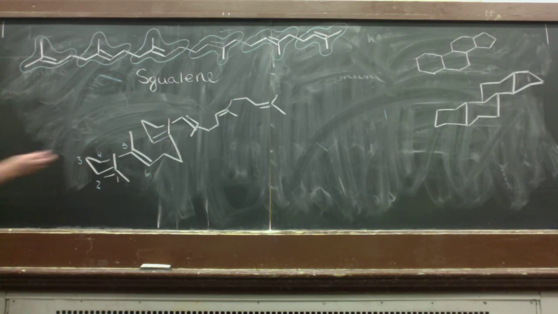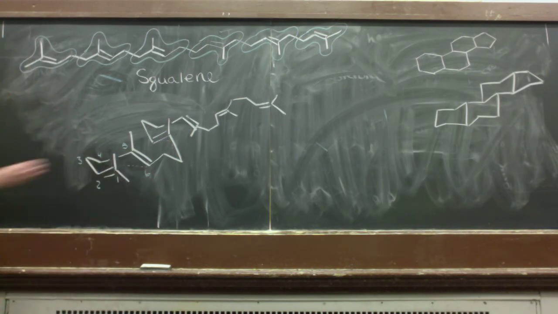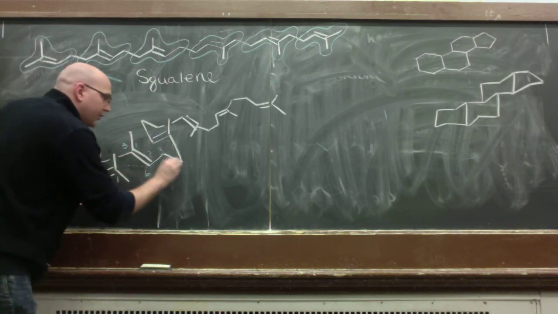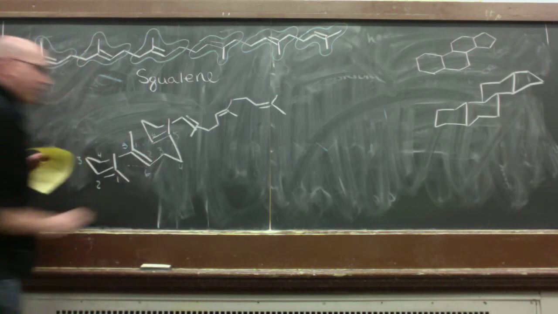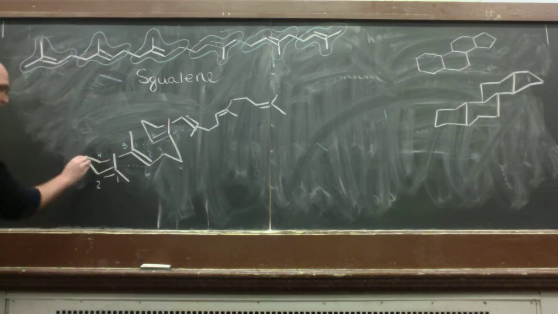Okay, so that's one chair. And then you see 1, 2, 3, 4, 5, 6. So there's another chair, right? And here's our other chair over here. So what you can see within here is a series of chair conformations, and they can adopt this conformation.